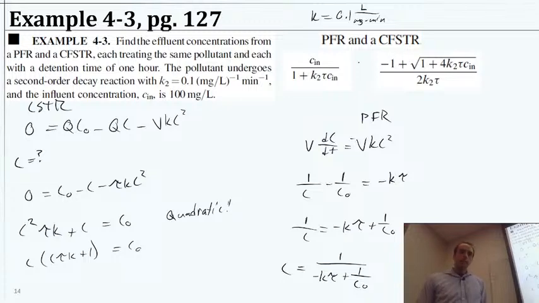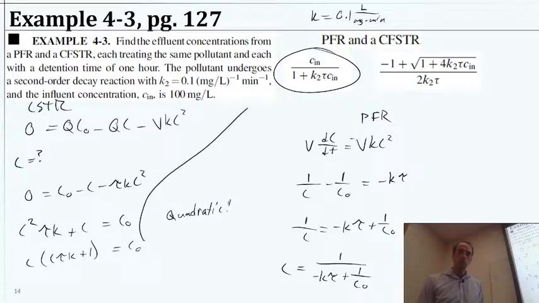And we could get that in this form from here and solve c equals negative 1 plus the square root of 1 plus 4 k tau c naught, divided by 2k tau. So reminding ourselves of a lot of algebra that we haven't seen in a while. Okay, so that would be the answer for the CSTR once we solve that.